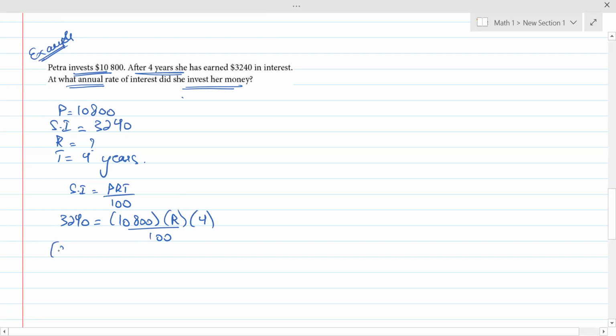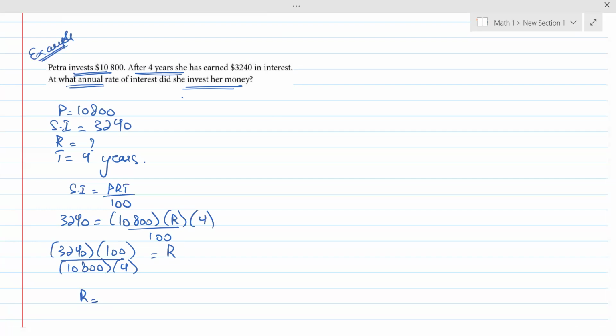It would be 3240 into 100 divided by 10,800 into 4. We are getting this R as 3240 into 100 divided by 10,800 into 4.